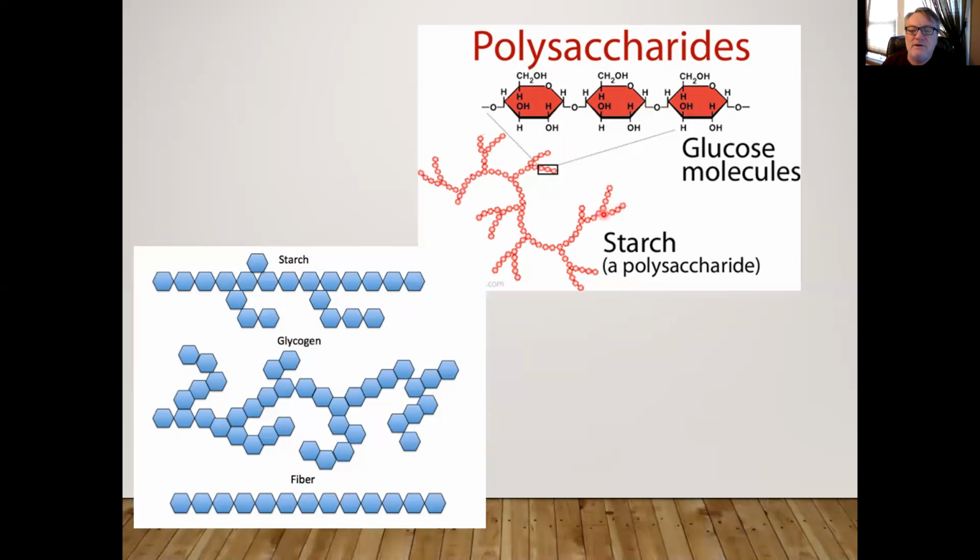And so this is illustrating each of these hexagons here indicate one glucose molecule. And so there's a particular structured starch, which looks like this, which again is the storage form that plants use for glucose, because they need ATP also. This is one of the more difficult to digest substances.